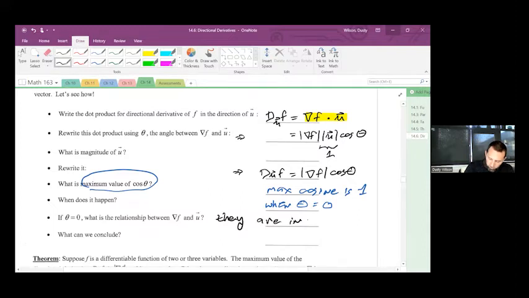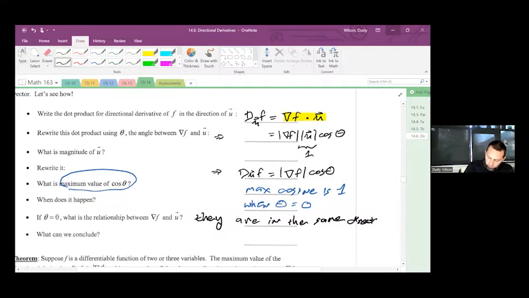So what can we conclude? We can conclude that the maximum directional derivative is in the same direction as the gradient.